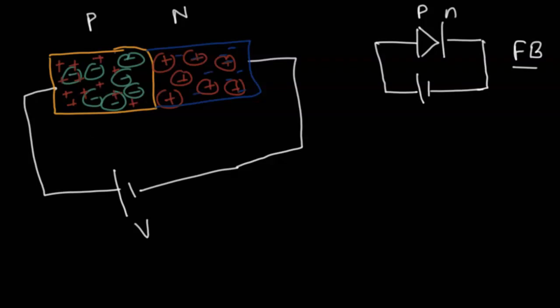Let me draw the depletion region that we had. As a result, my depletion region keeps on decreasing. The depletion region is the region which does not have any free charge carriers, so as the holes and the electrons keep spreading out, the depletion region keeps on decreasing.